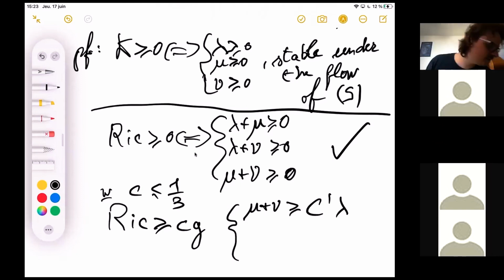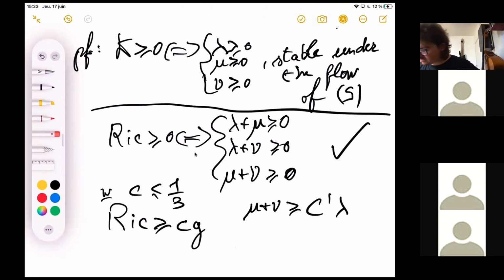I think that's it. Yes, some C prime which depends on C, times lambda. If you assume that, you can always assume that the eigenvalues are in increasing order. That's not a big deal.